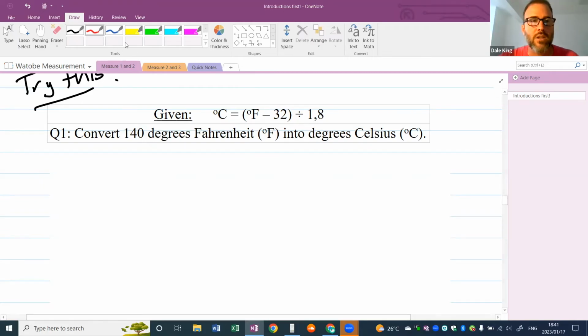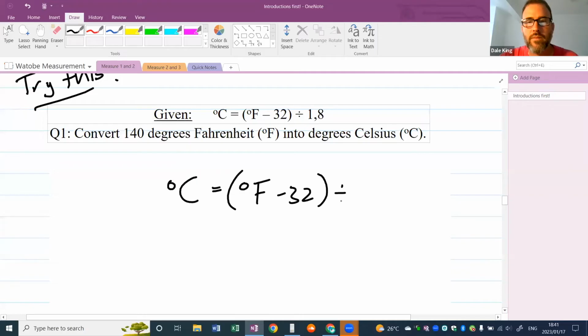Okay, so we're going to write this part. I'll write the whole formula out first, and then I'll put in the values that we need. Don't forget the brackets. Okay, so that is the formula. And now I'm going to put in my degrees Fahrenheit. My degrees Fahrenheit from the question are 140 degrees Fahrenheit.